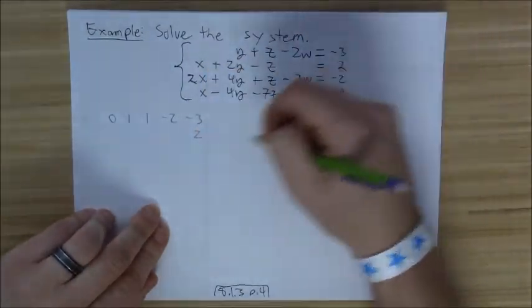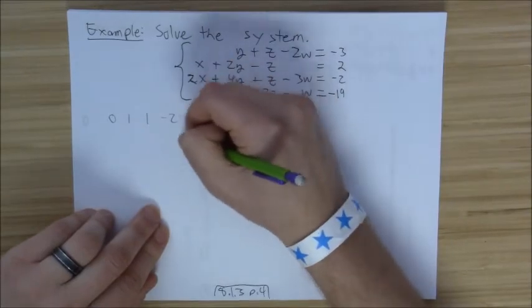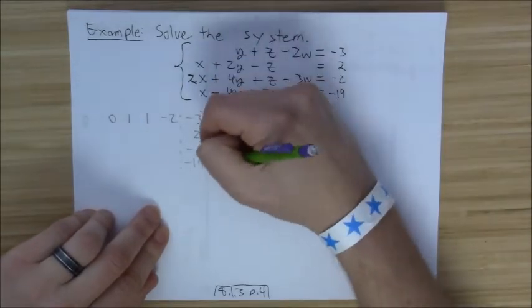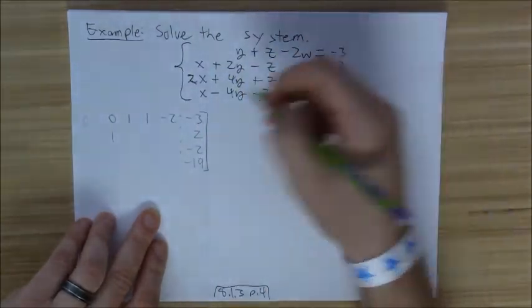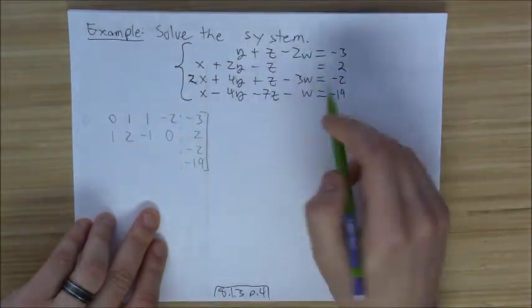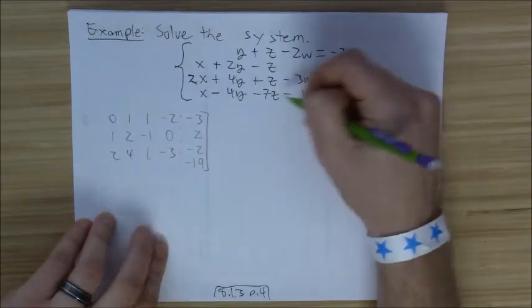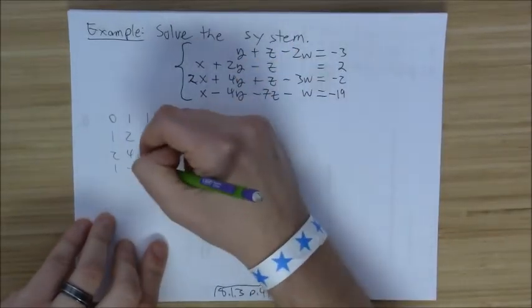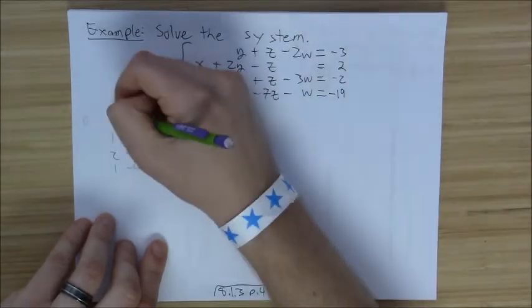Going down, we have 2, -2, -19. And then filling out the rows, we have 1, 2, -1, 0, 1, 2, -1, 0, 2, 4, 1, -3, and 1, -4, -7, -1.